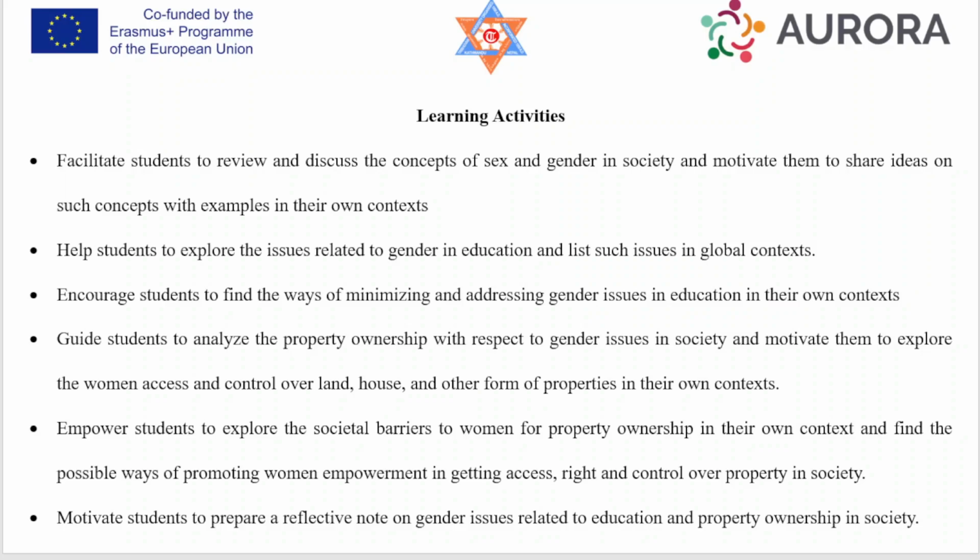Gender is a social characteristic of being men and women. Society creates gender, but we can make gender equality in the society. The teacher can facilitate the students to share their ideas, to share their understanding in the classrooms.